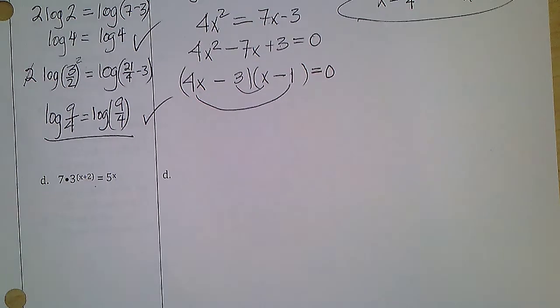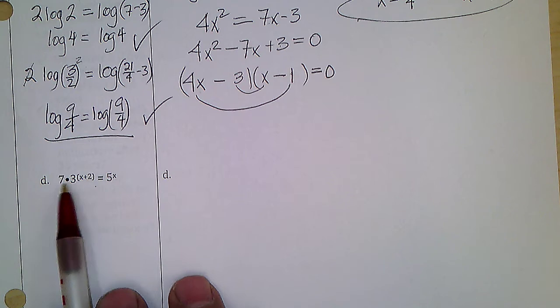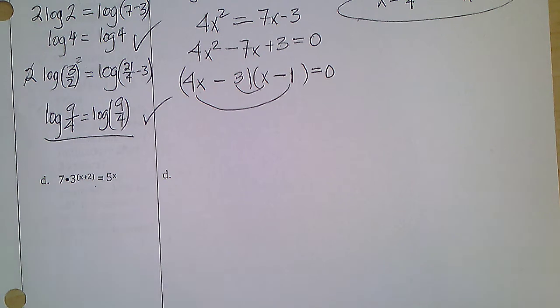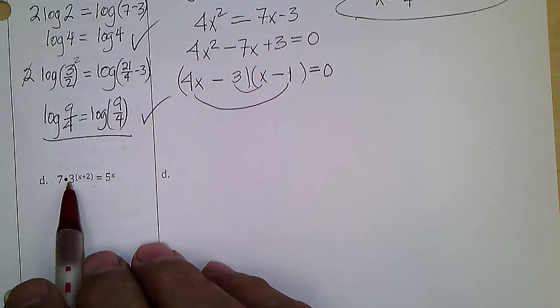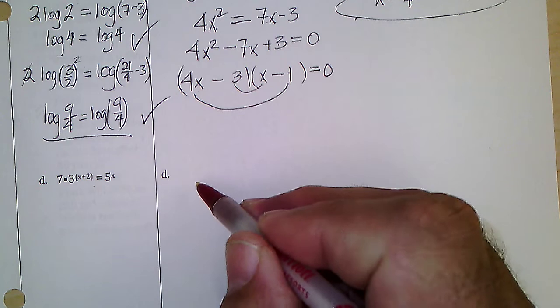Now D, this would be nice if we could just get this into being the same base on all these. And we talked about that early on in these logs. And so you can pick any base you want. I'll do base 10 because you tend to seem to like that better.